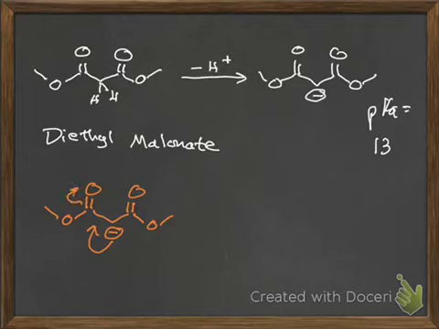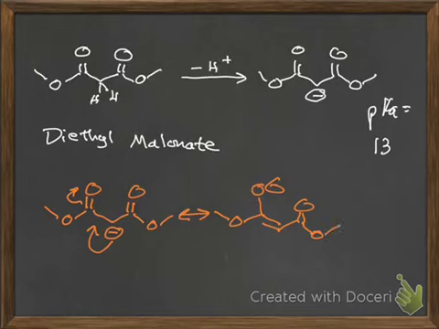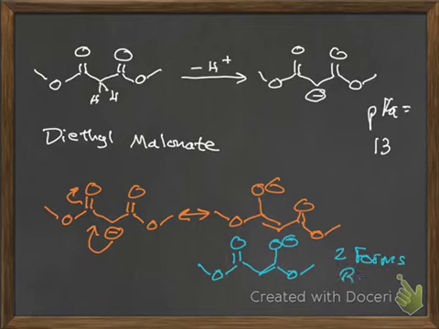One of them looks like this, and then the other one would simply be the exact same basic structure, but you have gone through and resonated through the other carbonyl. So, two forms of resonance, meaning more stable.